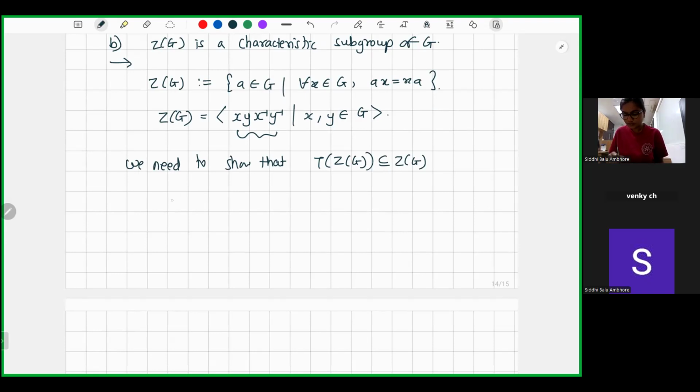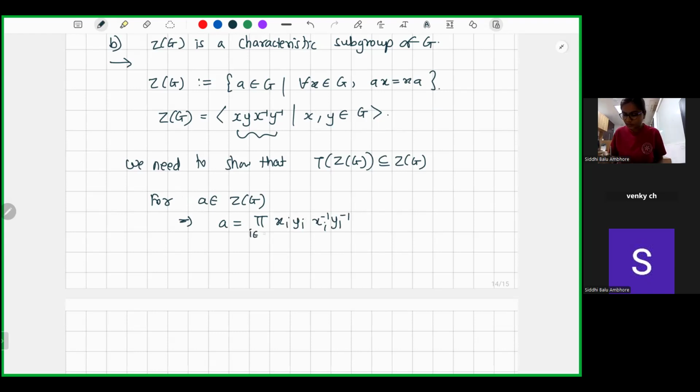Since elements of ZG are generated by elements of this form, for A belongs to ZG, this A is some product of Xi, Yi, Xi inverse, Yi inverse, right?